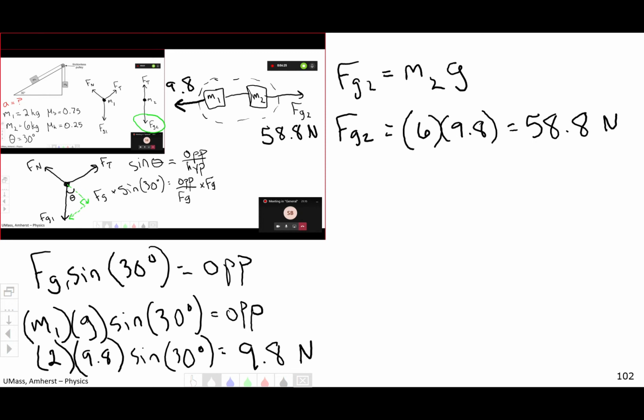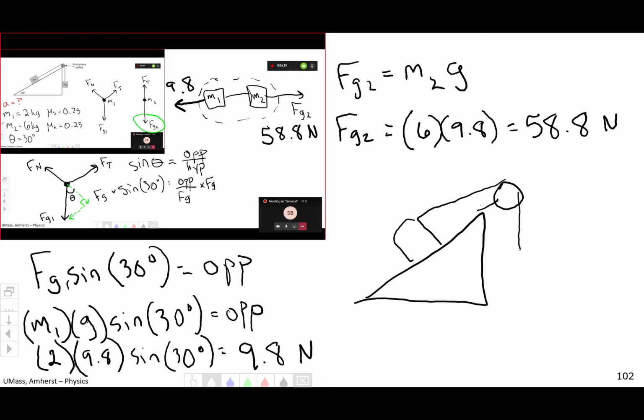So if we look back on our diagram where we had a block and a block, this is 1, this is 2, the system is going to want to accelerate that way. So if the system is going to accelerate in that direction, that means friction is going to be exerted against that motion, and it's going to be down into the left.